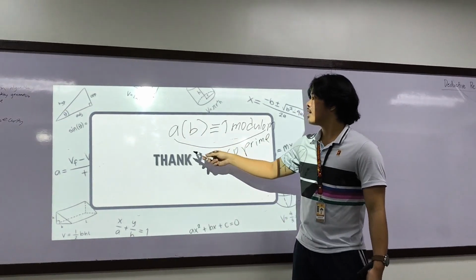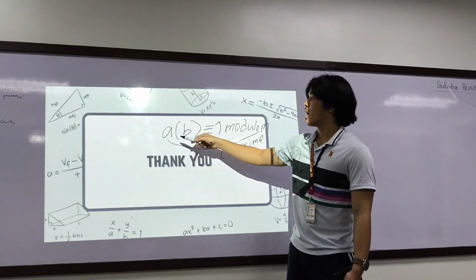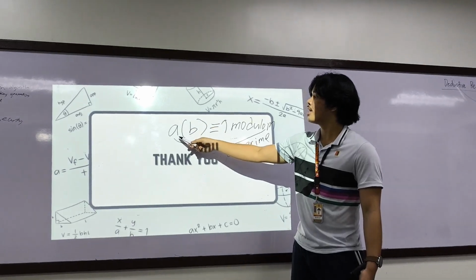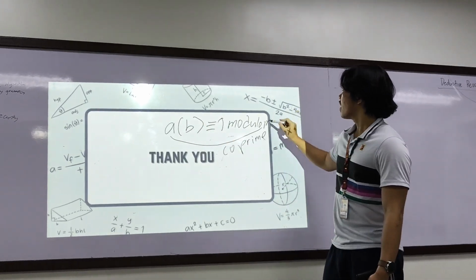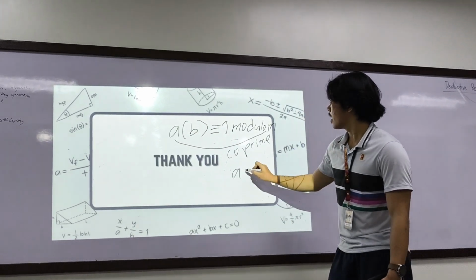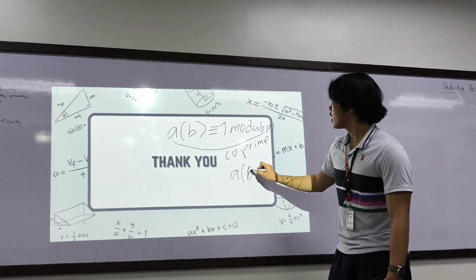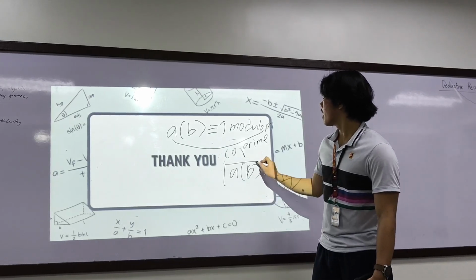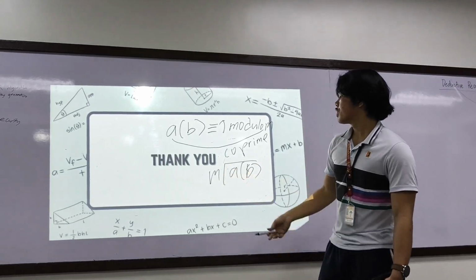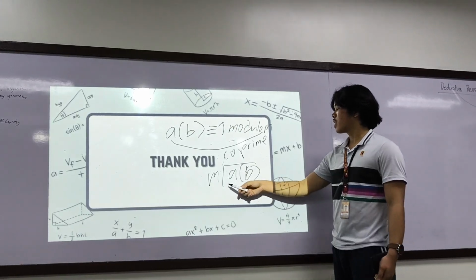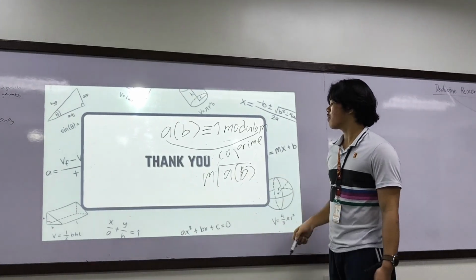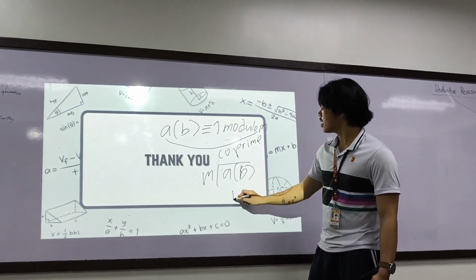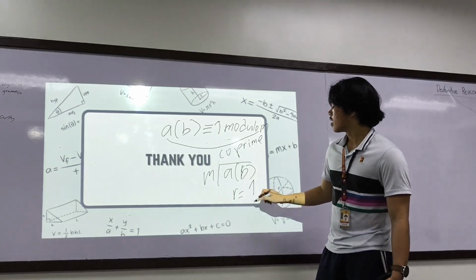In finding B, when we divide the product of A and B by M, we should have the remainder 1.